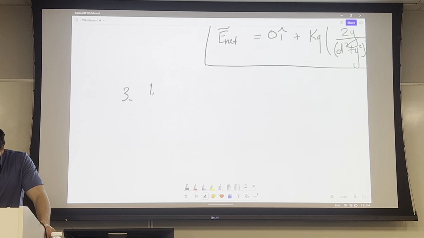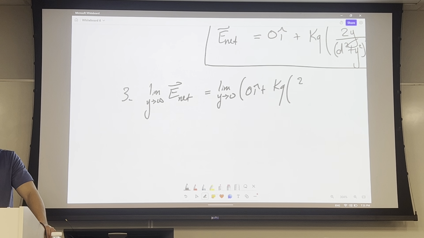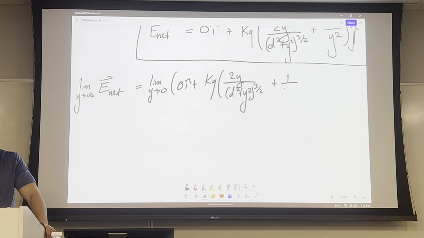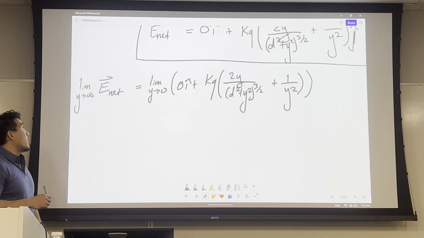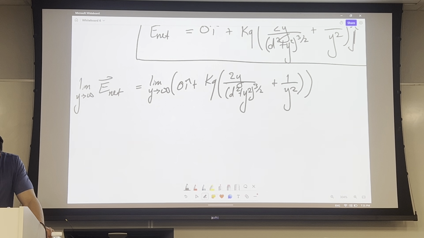The only thing that we're really asked to do is take the limit as y approaches infinity of our net electric field expression. So if we do that, we get the limit as y approaches infinity of 0i plus KQ times 2y over d squared plus y squared raised to the 3/2 power plus 1 over y squared. Sorry, this is infinity, not 0.